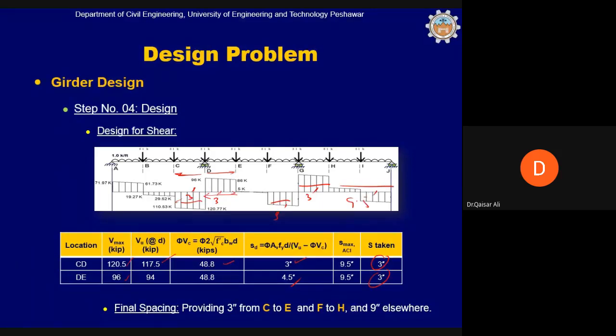But from a practical point of view, whenever we provide closer spacing like 3 inch, it will not be advisable to use 9.5 inch spacing side by side with 3 inch. So we will reduce this 9.5 inch spacing to 6 inch. So we can provide 6 inch in this location, then 3 inch, then again 6 inch, 3 inch, and so on.